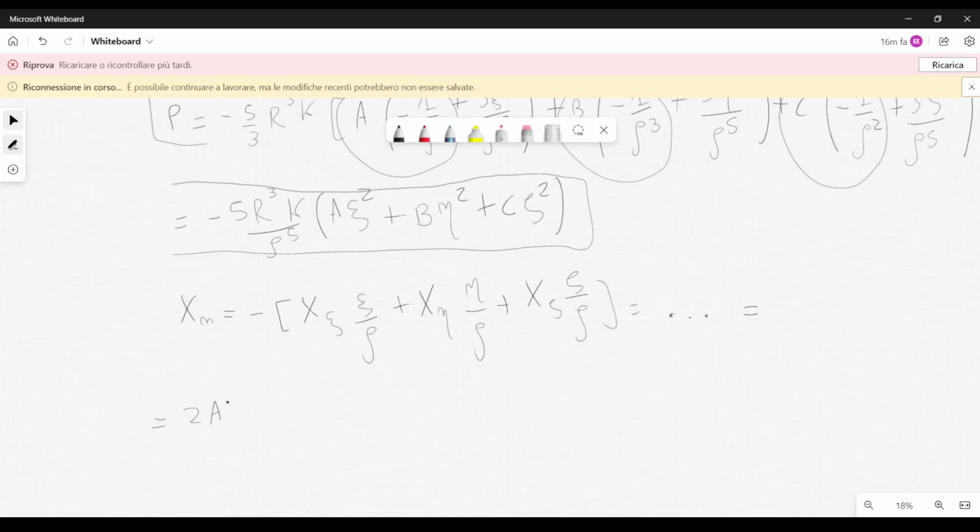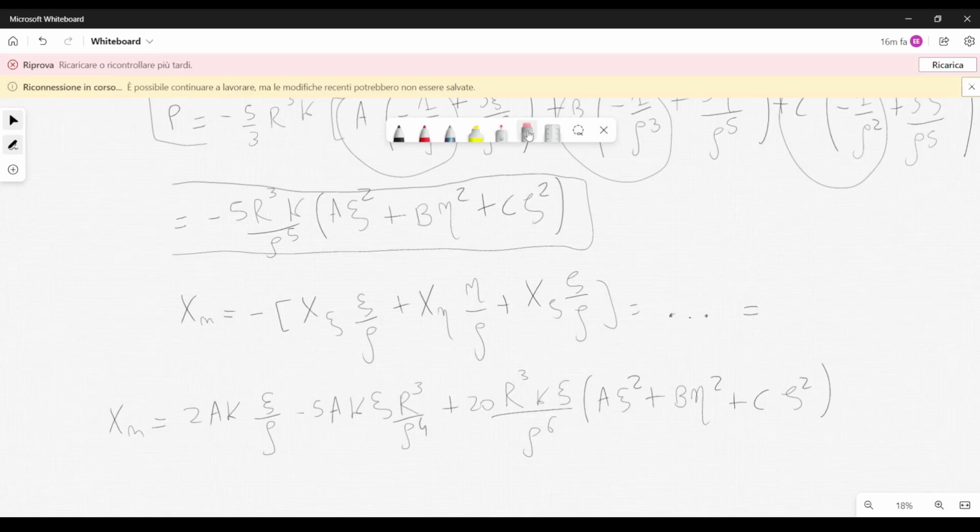We have 2ak xi over rho minus 5ak xi r cubed over rho to the fourth power plus 20 r cubed k xi over rho to the sixth power times a xi squared plus b eta squared plus c zeta squared, and this is the expression for xn.